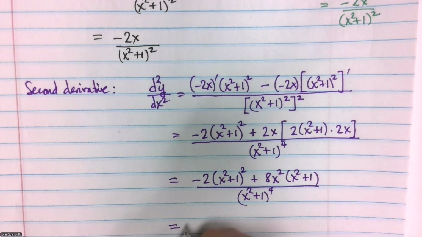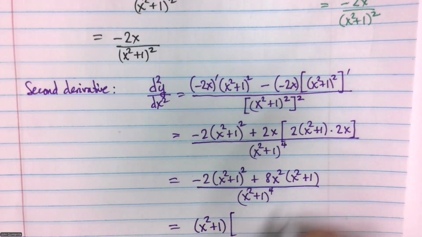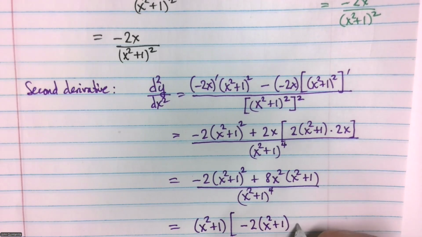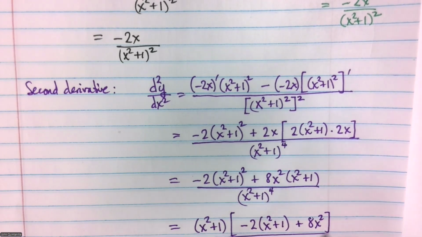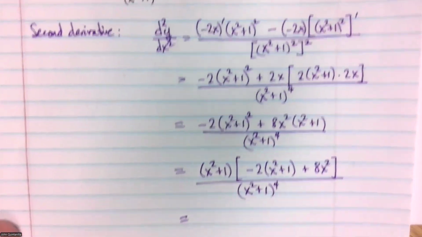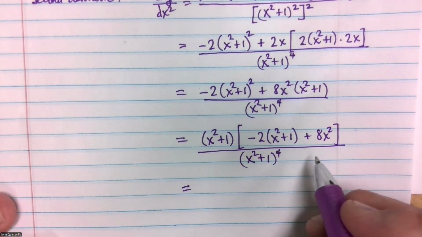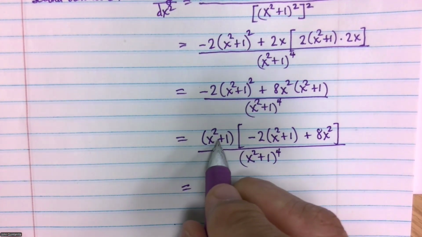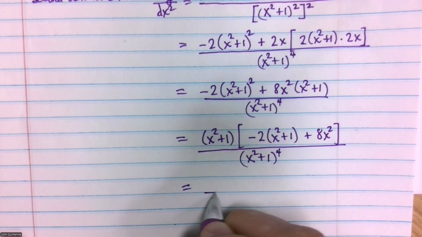Okay, now on top, I can factor out an x squared plus 1. What's left is negative 2 times x squared plus 1, then plus 8x squared, all over x squared plus 1 to the fourth. Okay, and so x squared plus 1 cancels one of the x squared plus 1's on the bottom.